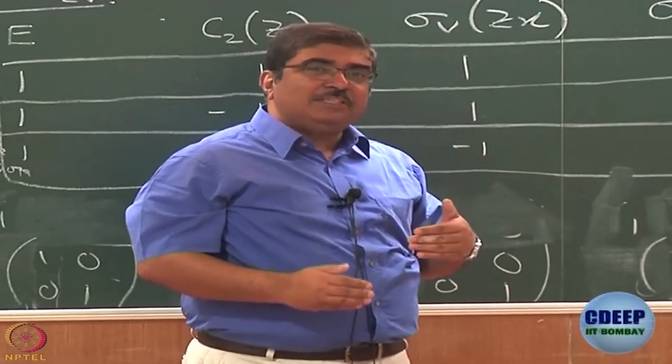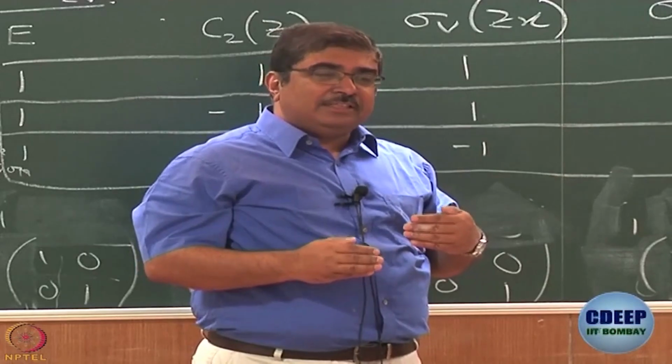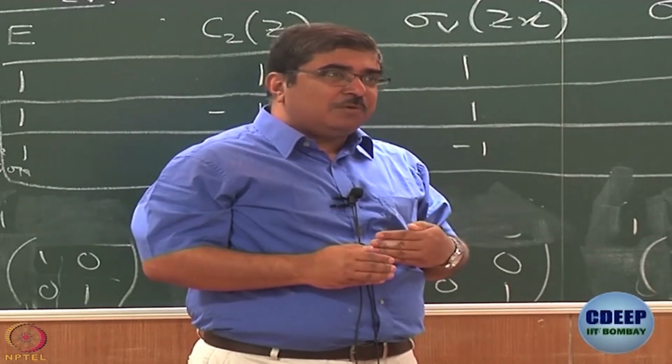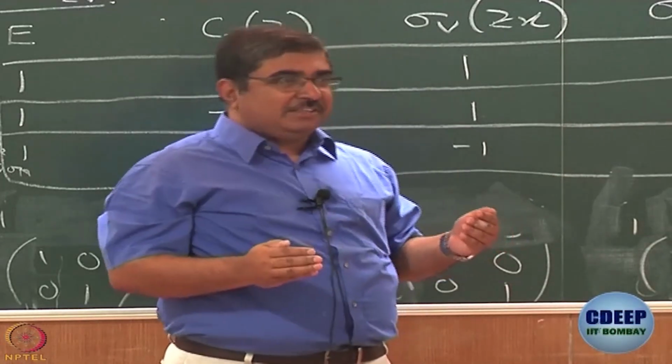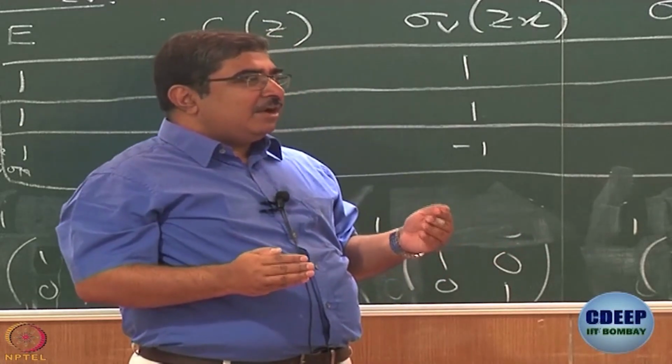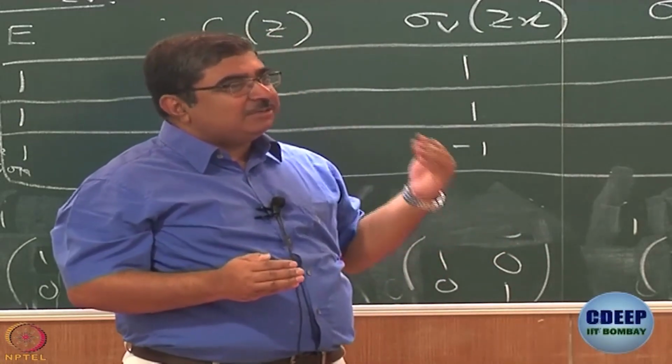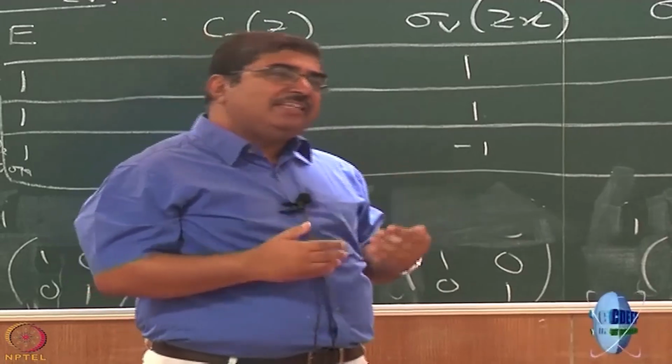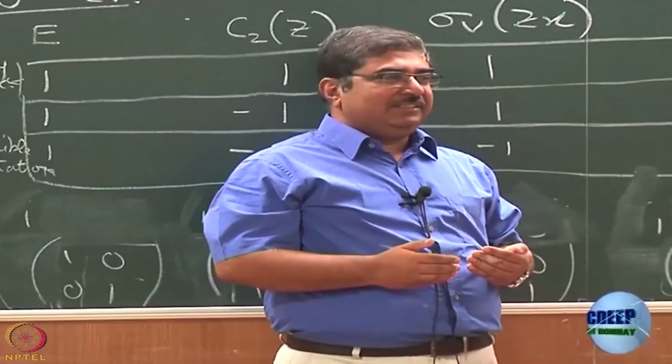In this course, we do not have the scope to derive the great orthogonality theorem, but we will show you 5 consequences of it, and from there we will at least learn how to derive character tables.